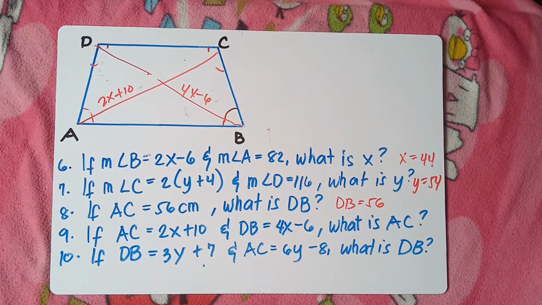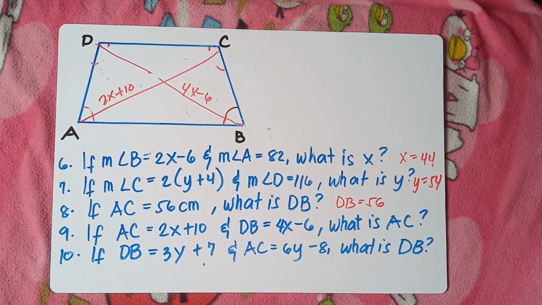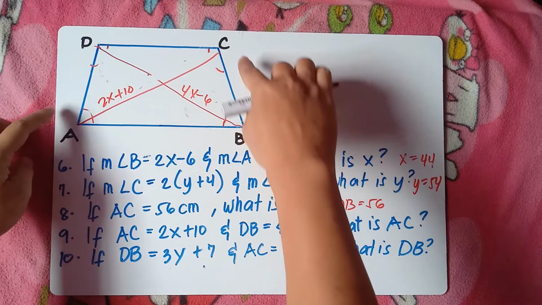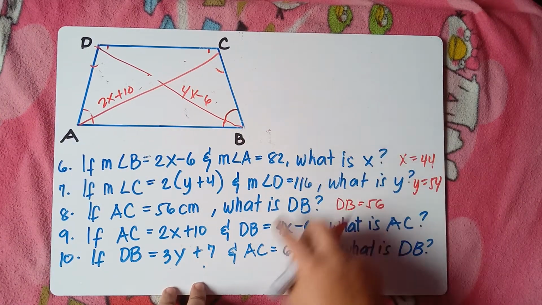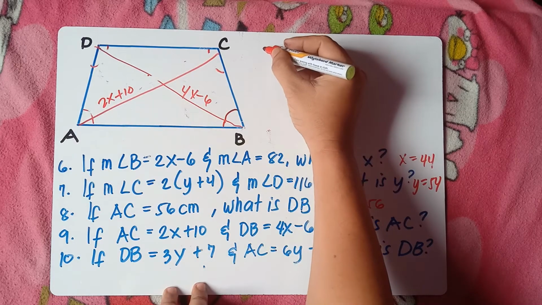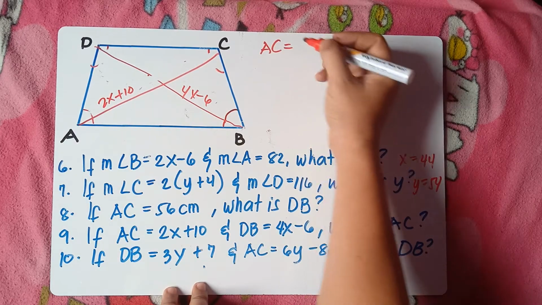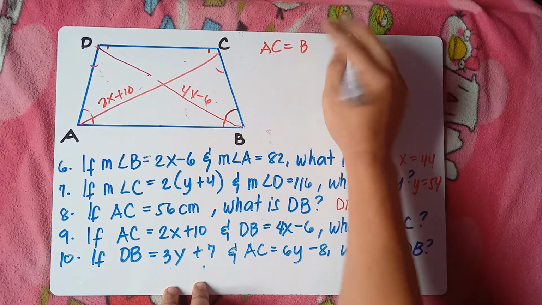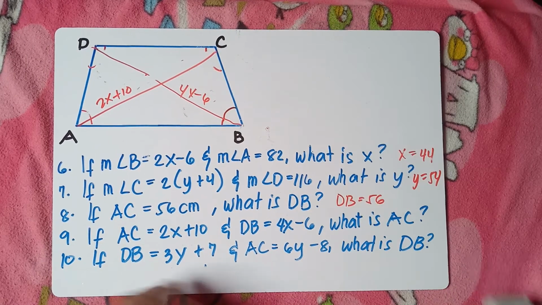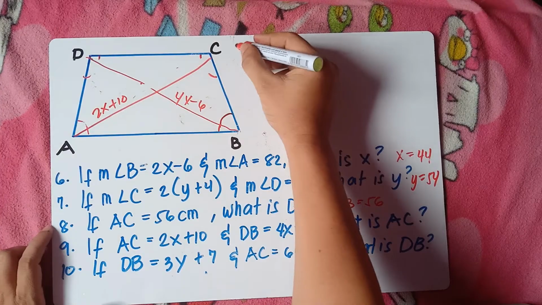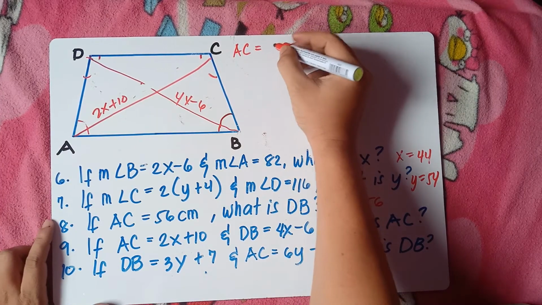So we need to find x, and then we substitute to get the value of line AC. So find x. AC is 2x plus 10, and AC is equal to DB. Let me write this here: AC is congruent to line DB.